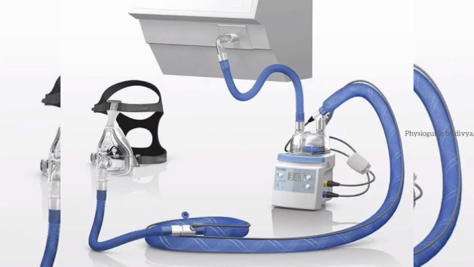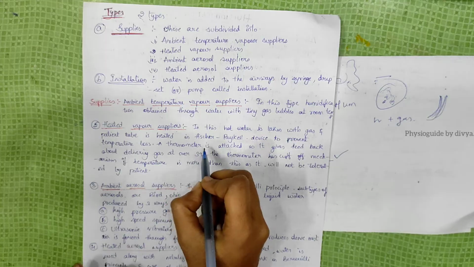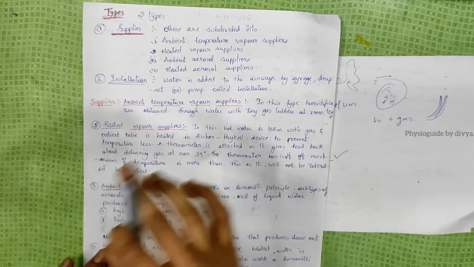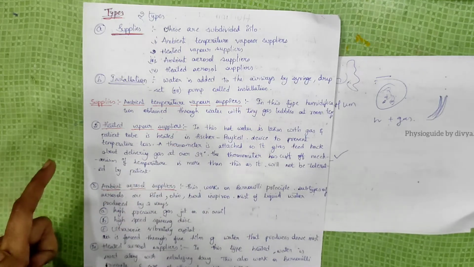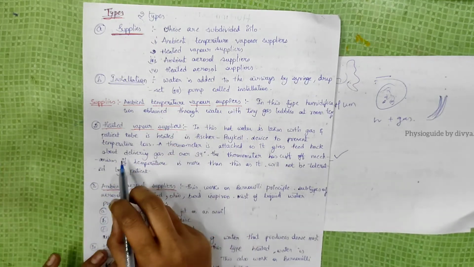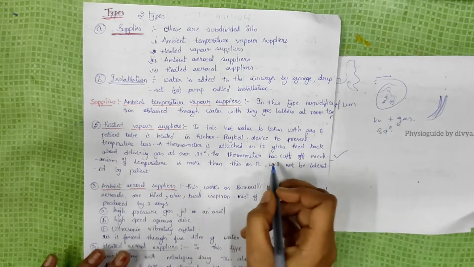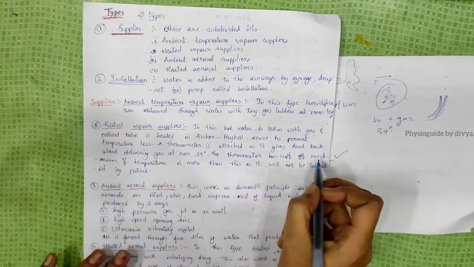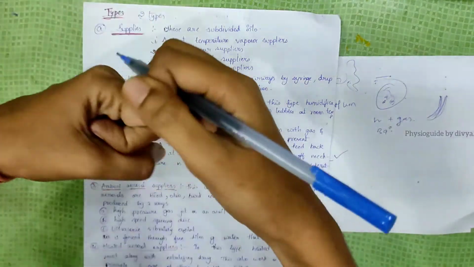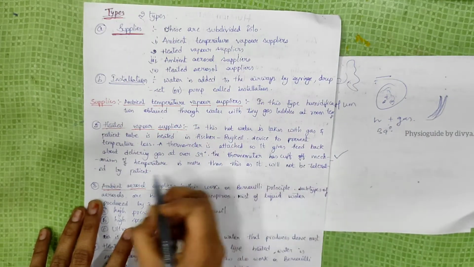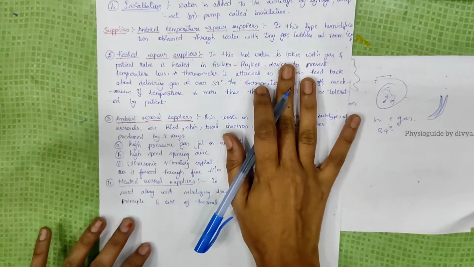A thermometer is attached, so it gives feedback about the delivery. By keeping this thermometer, it will check the temperature and deliver gas at over 39 degrees. Then the thermometer has a cutoff, so it will trip if the temperature is more than this, as it will not be tolerated by the patient. It is checked and given.